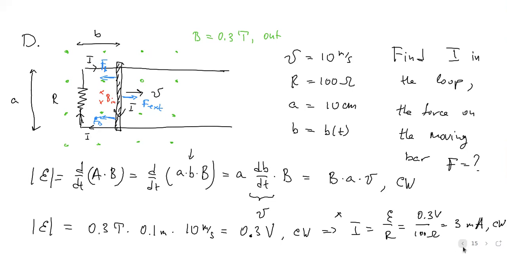Okay, that was one more example. How can you change the area and generate EMF or current? It's different from the previous example when you just reshaped your loop. You actually change the area directly in this case.